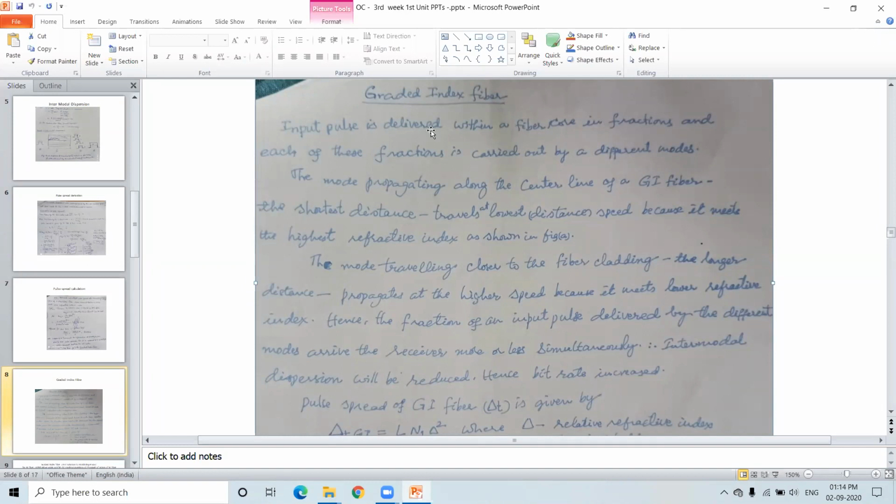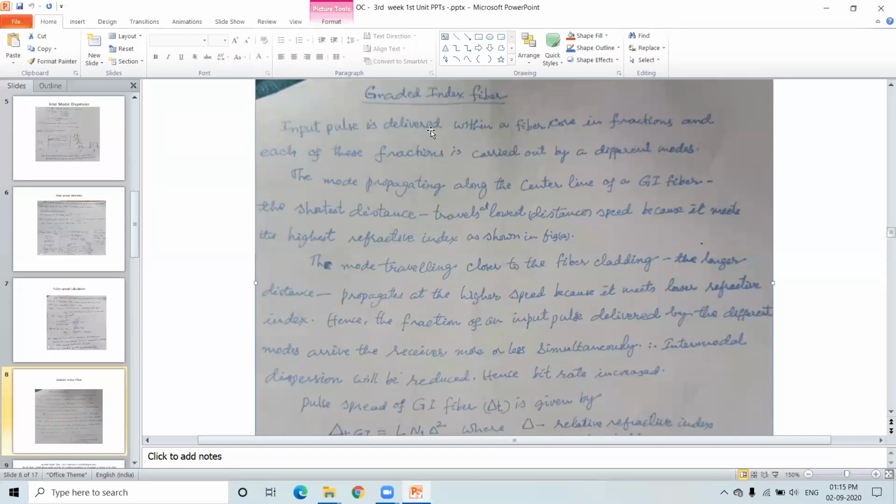How is it possible? We are saying that 0 mode, 1 mode, second mode and third mode reach at the same time. It is possible, as I said earlier, that 0 mode travels the smaller distance, and 1 mode travels a little bit more distance.